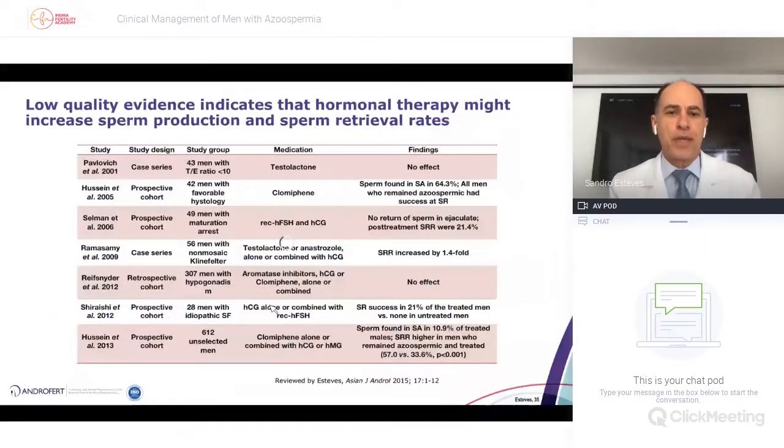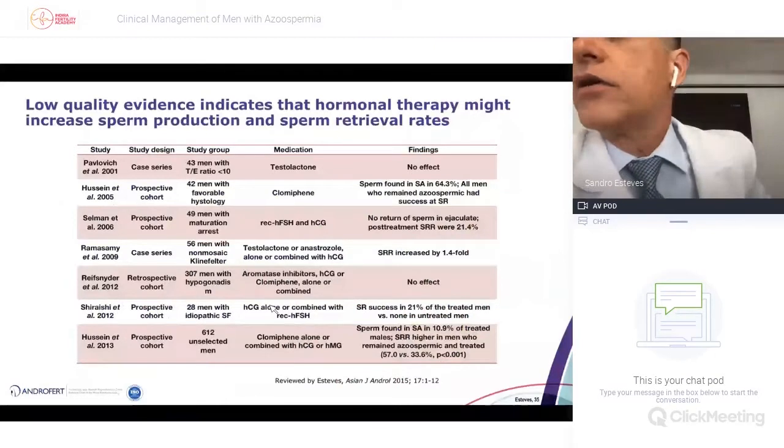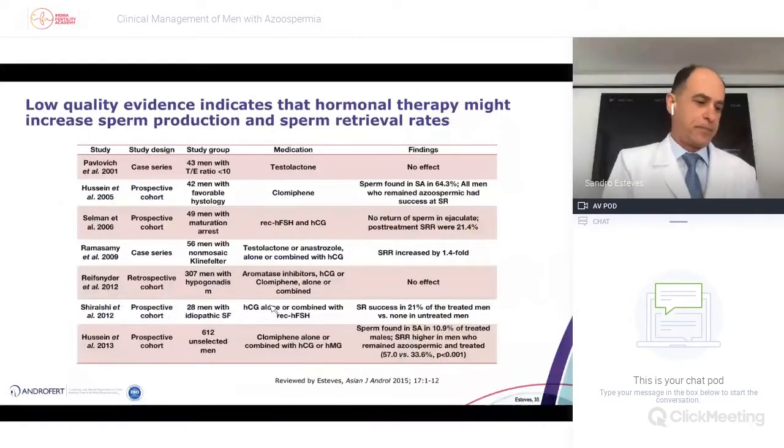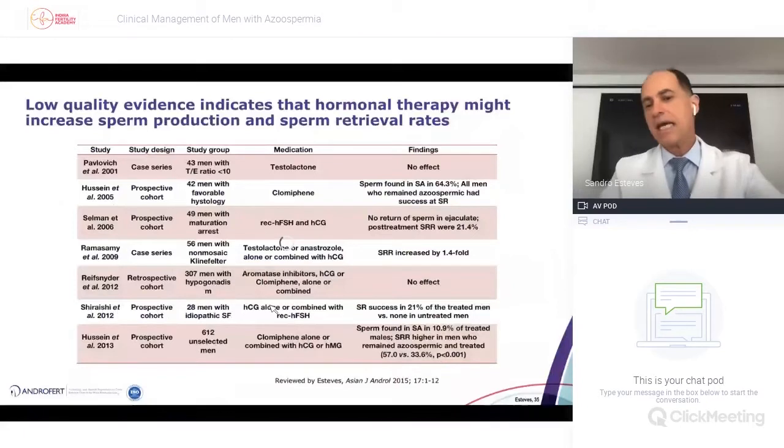We do not have any prospective randomized controlled trial indicating that the medical therapy is beneficial, but we do have some observational studies, case series, and retrospective and prospective cohort studies with results suggesting that it could be beneficial.